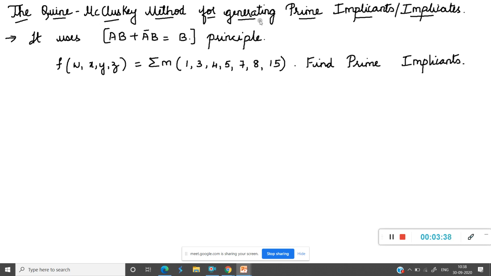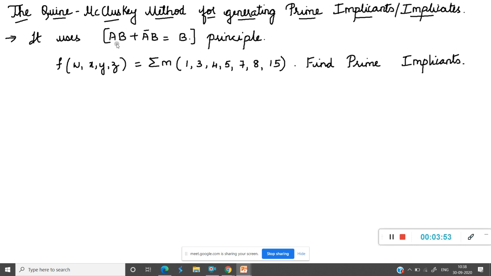The Quine-McCluskey method is used for generating prime implicants or implicates. Prime implicants are related to SOP, and implicates are related to POS.